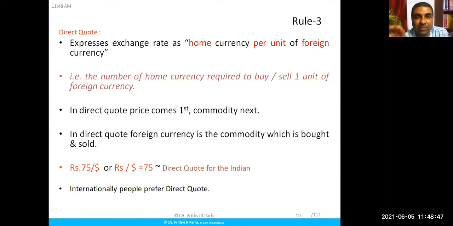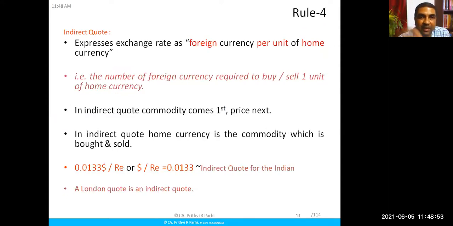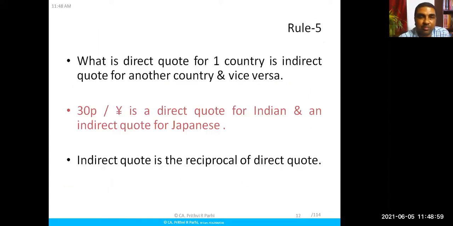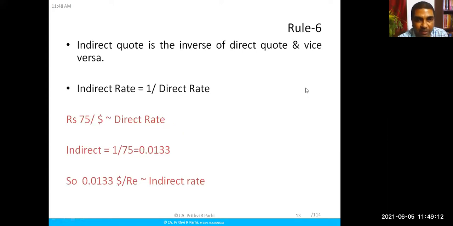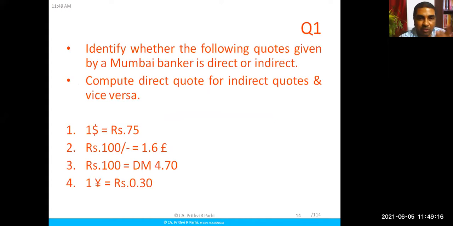Direct quote means an exchange rate which expresses home currency per unit of foreign currency, and indirect quote means a rate as foreign currency per unit of home currency. What is direct quote for one country will be indirect quote for another country and vice versa. Direct quote is the inverse of indirect quote.